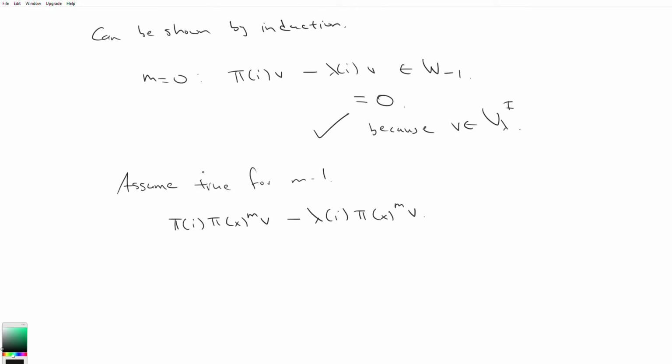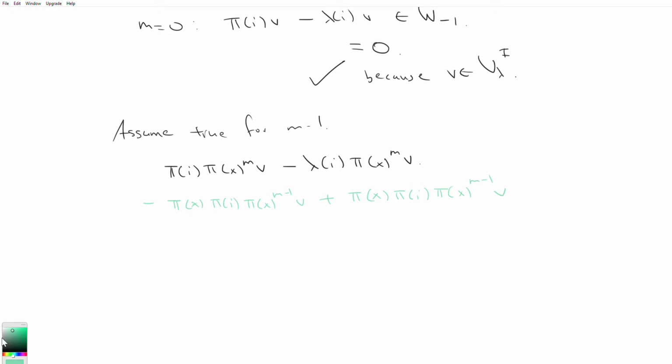Okay, and we know this statement is true for m minus 1, so I'm going to do some trickery, and I'm going to add in 0 in a fancy way. So let's subtract the quantity pi of x, pi of I times pi of x to the m minus 1 times v, and then let's add that pi of x, pi of I times pi of x to the m minus 1 v. Is that right? Yes, okay. So we're just adding 0 in a really fancy way.